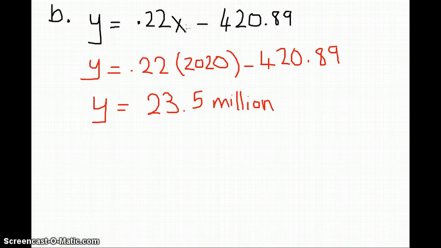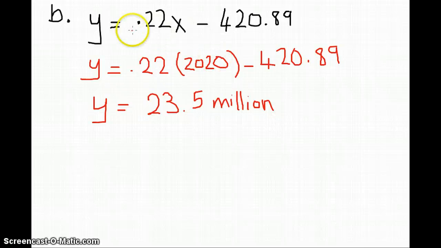So I'm going to plug in 50, using my calculator right now: 0.22 times 50, because the year 2020 will represent 50 if I used the equation that had the year 1970 equal 0. If I do that on my calculator, I'm getting 23.51. So you'll get the same answer in either equation.